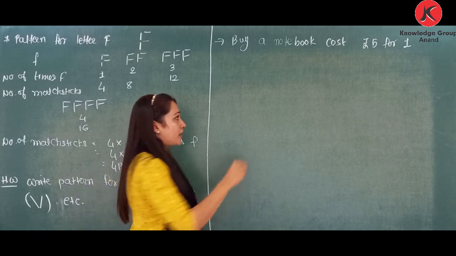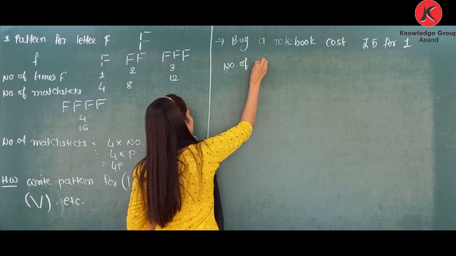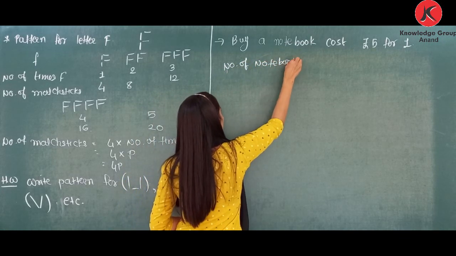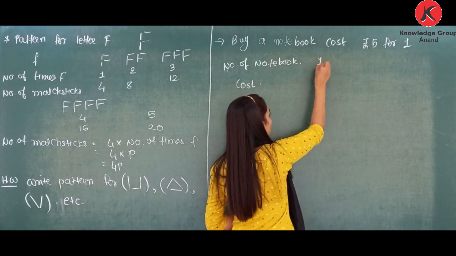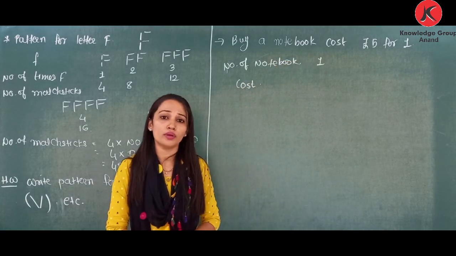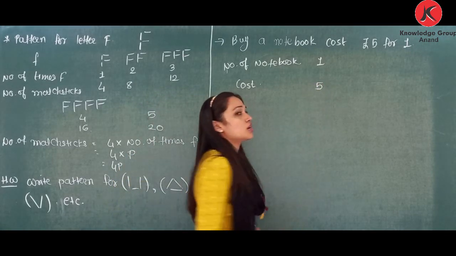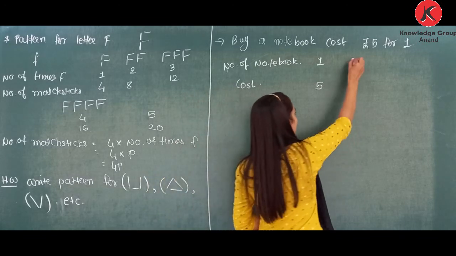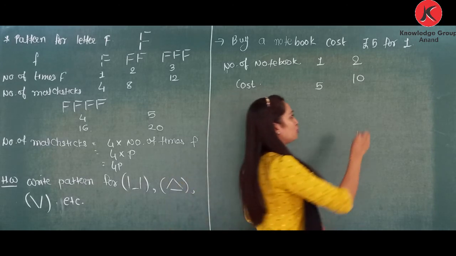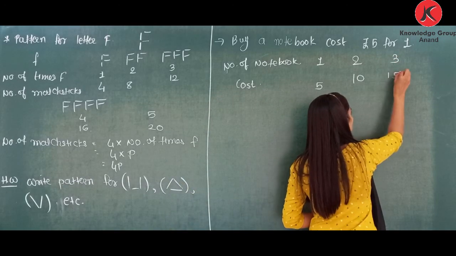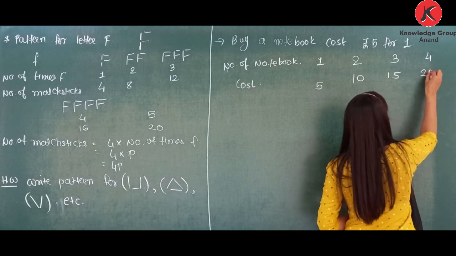So if we want to find the number of notebooks and cost, if we buy one notebook, then how much do we need to pay? For one notebook we need to pay 5 rupees. For 2 notebooks, we need to pay 10 rupees. For 3 notebooks, 15 rupees. For 4 notebooks, 20 rupees.